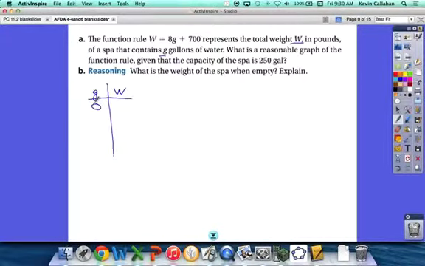And based on what they said in the problem, the spa is only 250 gallons. So what's the biggest number? 250, right? If you're going to plot any points in between, it's up to you to pick them. But it wouldn't make any sense to pick a number bigger than 250. And you can't go less than 0, right? The number of gallons is not a negative number.